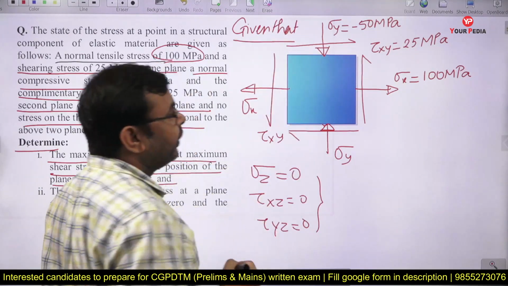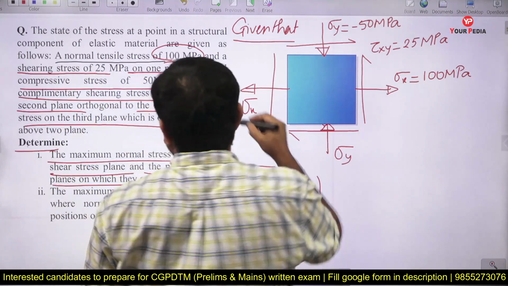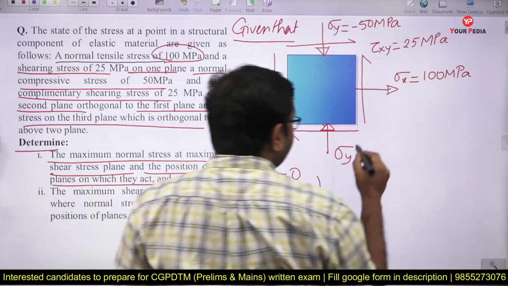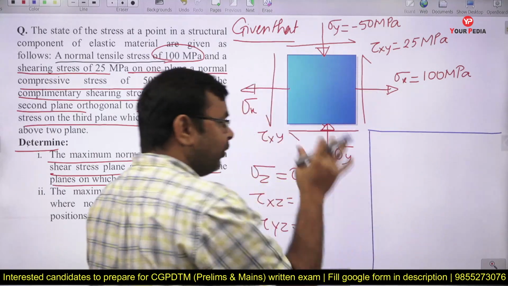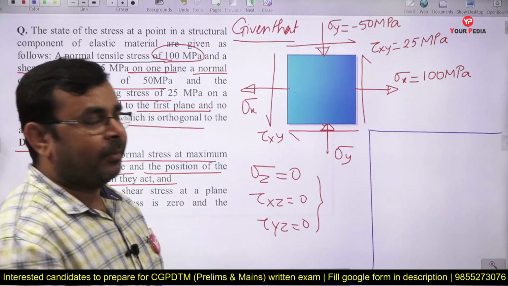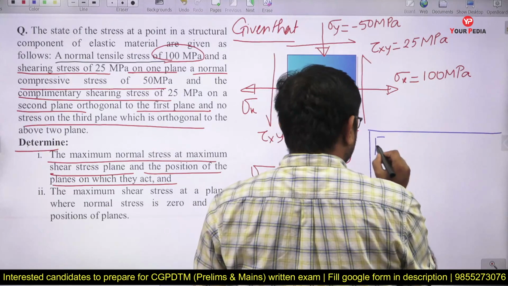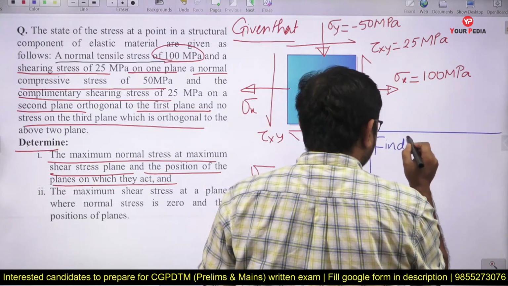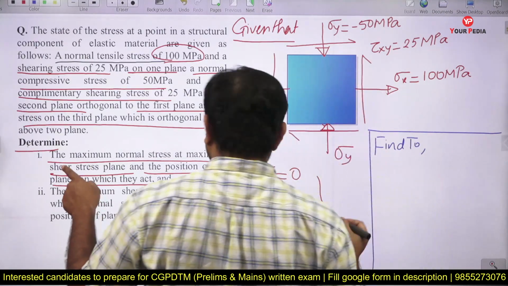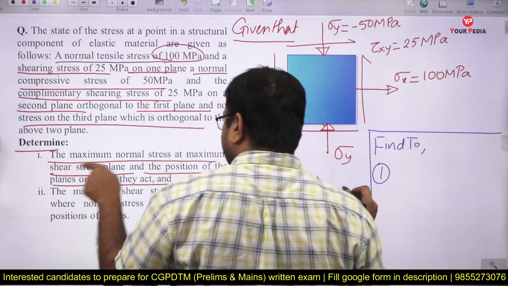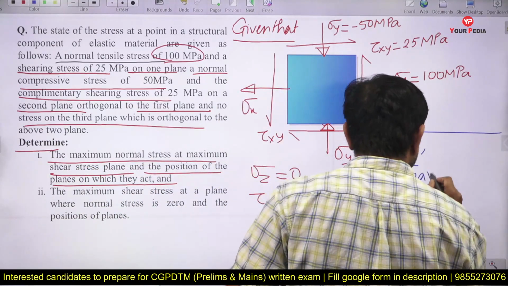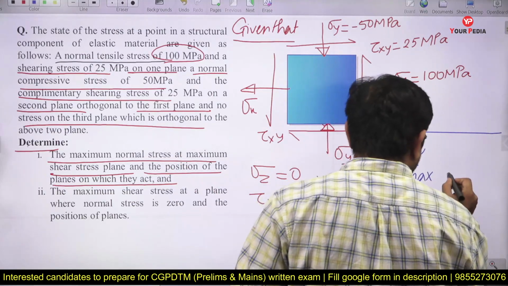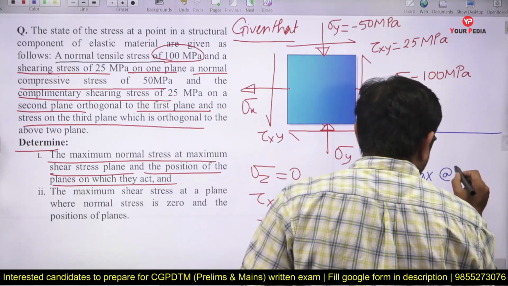So you should write like this, and after that you need to write what we need to find. Actually I am writing like this, but you write in a proper manner on paper, correct? So find two things. What we need to determine first, you can see, is the value of maximum normal stress sigma max at tau max plane.